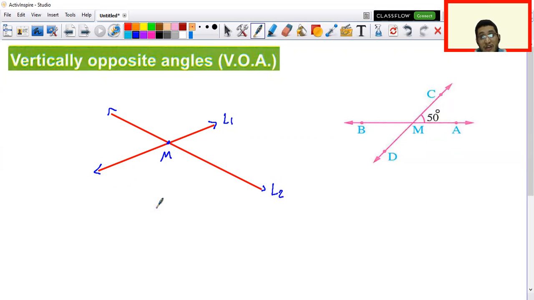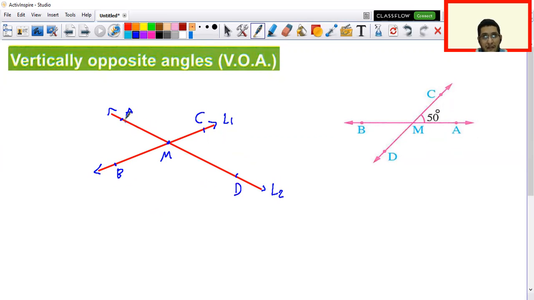Therefore, each two vertically opposite angles are equal in measure.